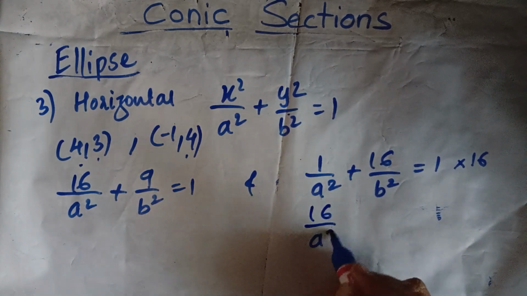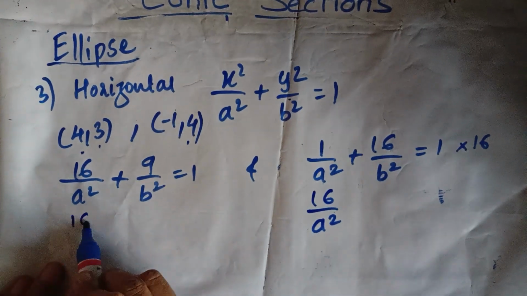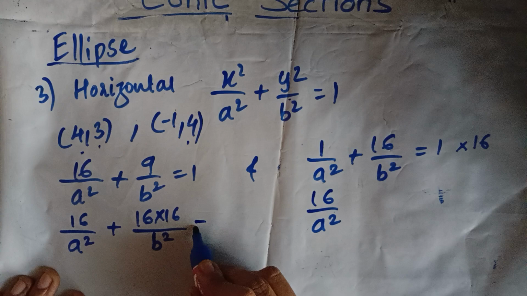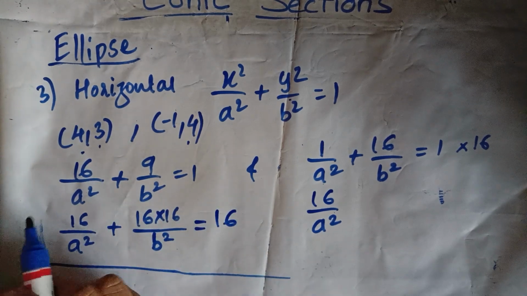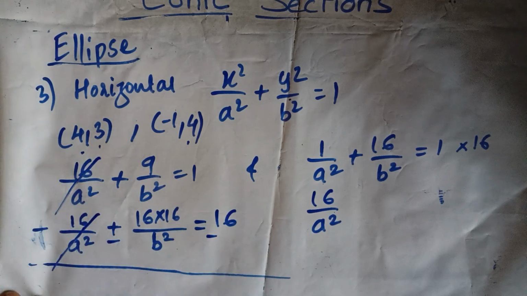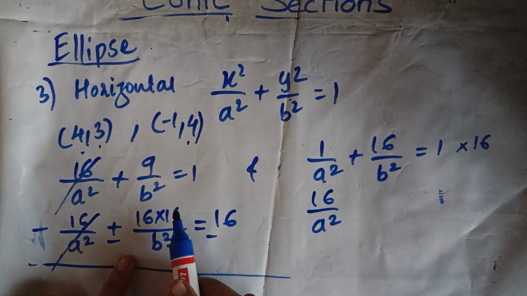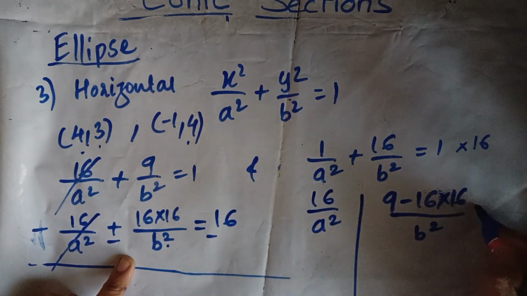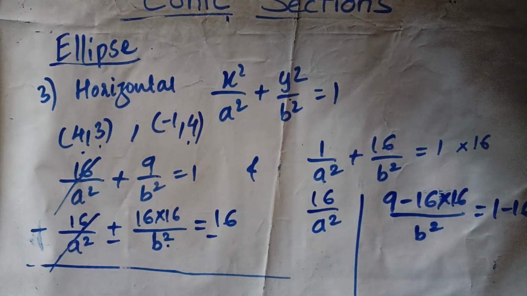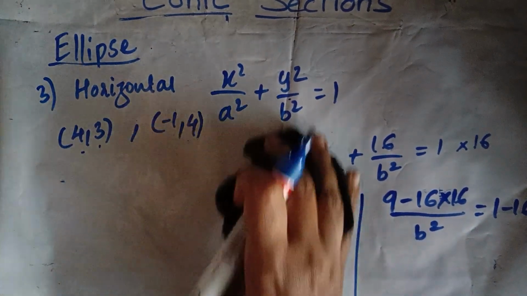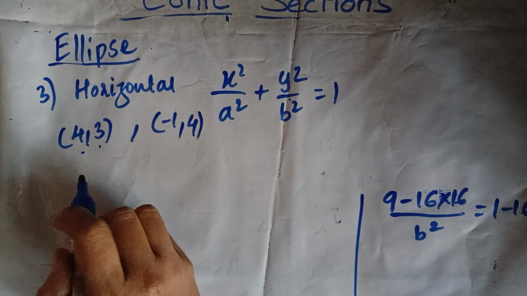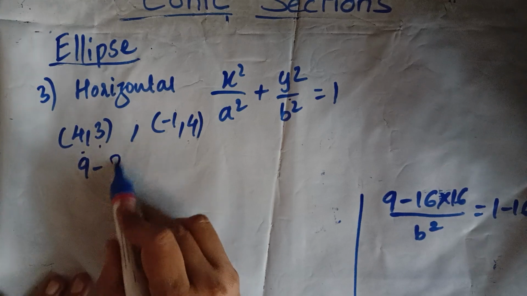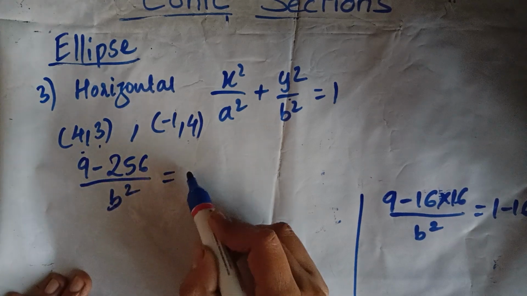So this will be 16 upon a square plus 16 into 16 upon b square equal to 16. Subtracting, we get 9 minus 16 into 16 upon b square equal to 1 minus 16.